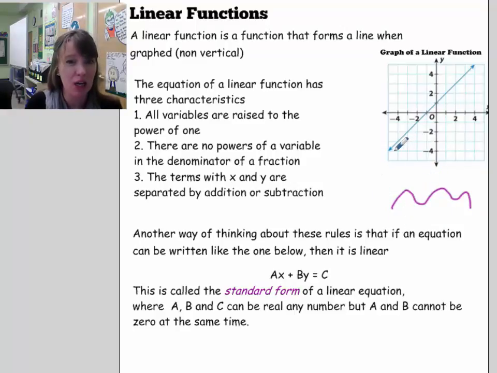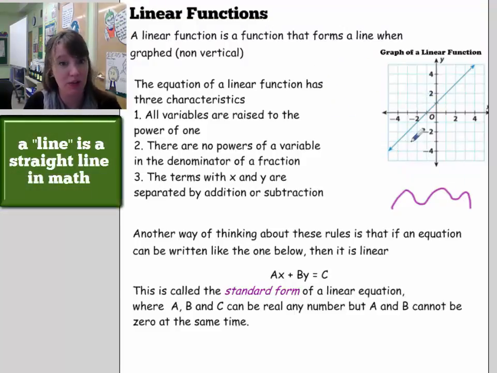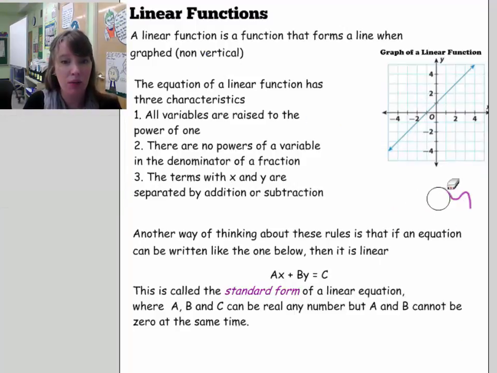When we say line, what we're typically referring to is a straight line. That's implied in mathematics. So when you have a graph and it forms a line that's non-vertical, then it's a graph of a linear function.